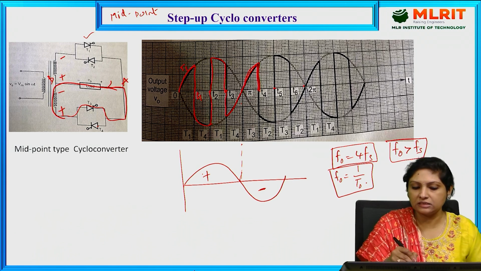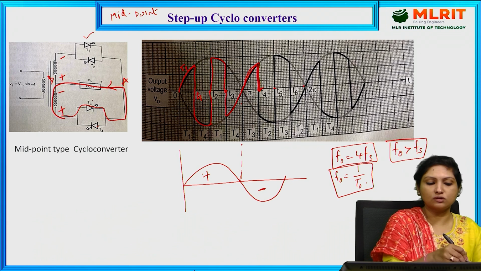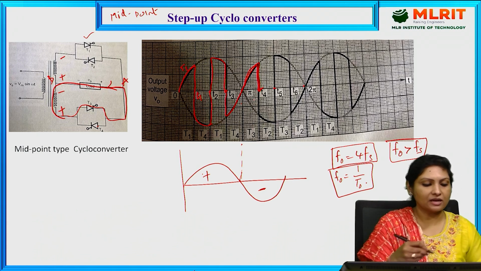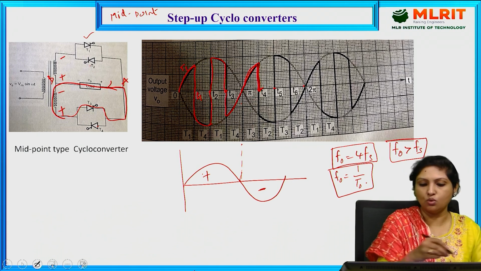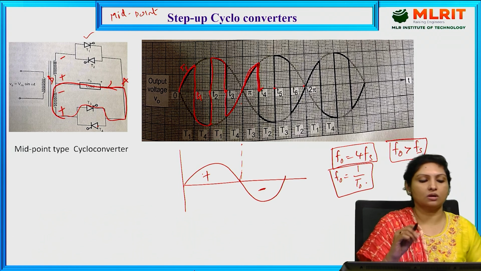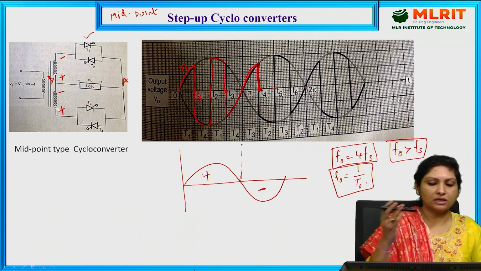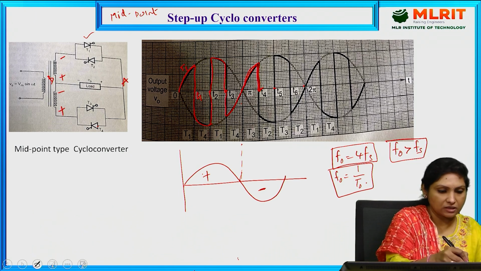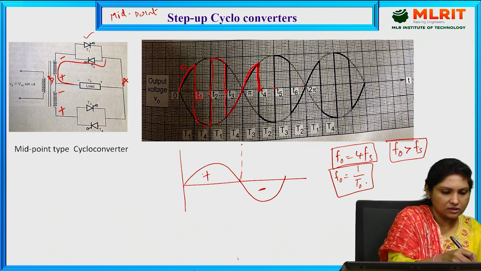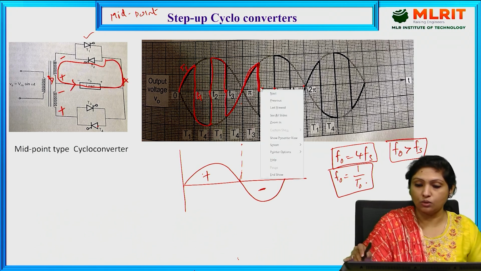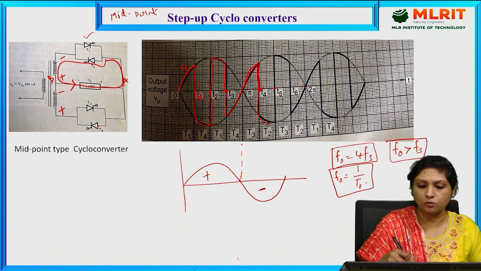And at this instant called T4, I need to forcibly commutate T3 and trigger thyristor 2 so that I'll get the negative half cycle of the output voltage control. During the negative half cycle, I provide the triggering pulse for thyristor 2 such that it conducts current through the load from B to A, so that I can control the negative half cycle of the output voltage.